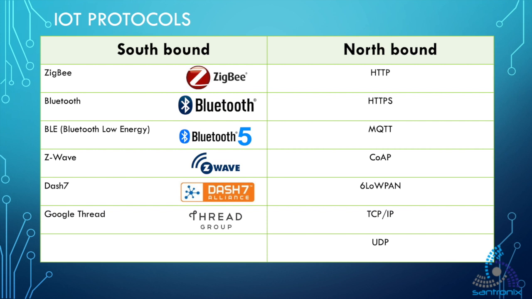And then there is CoAP, Constrained Application Protocol, which can also be used on devices where there is a constraint on the memory size or the on-chip memory. Then there is 6LoWPAN, TCP/IP, and UDP.